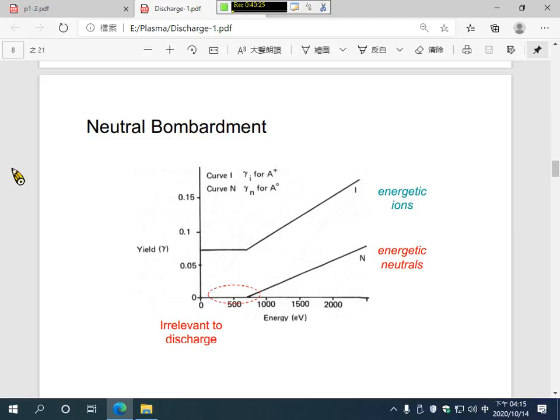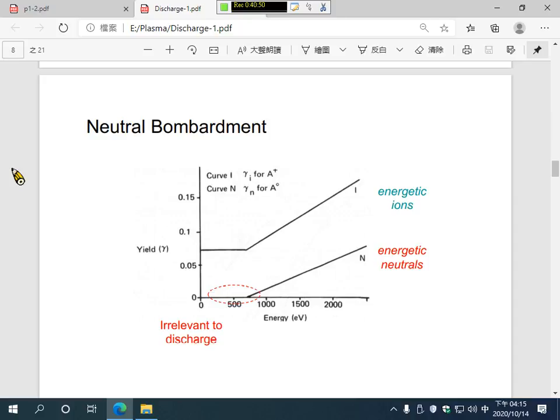But if you use a high energy ion beam, like 1,500 volts, to bombard the surface of metal, the secondary electron emission yield might be higher than 0.1.